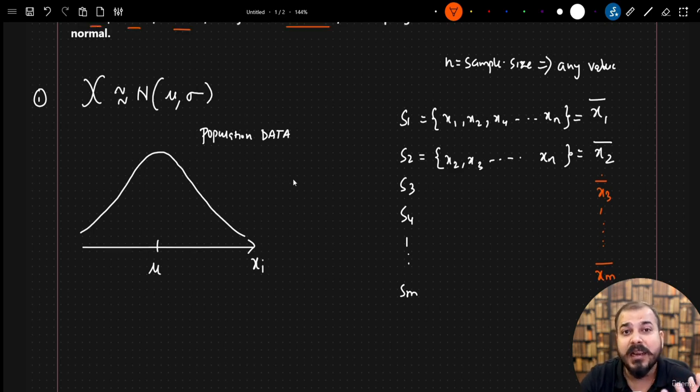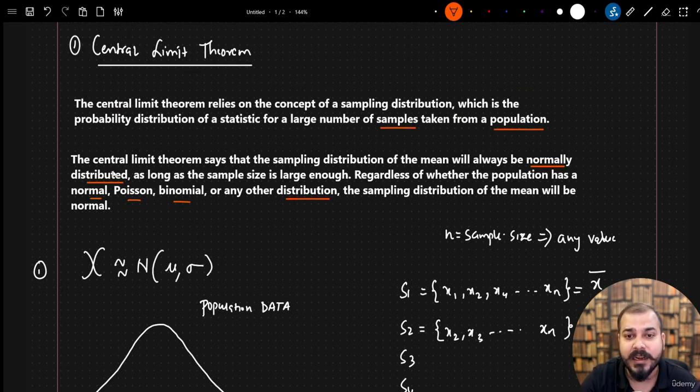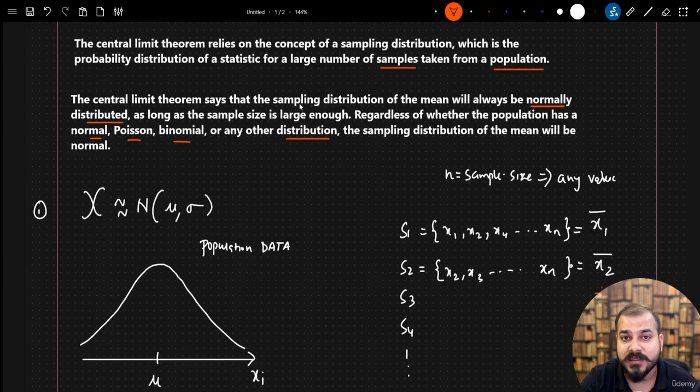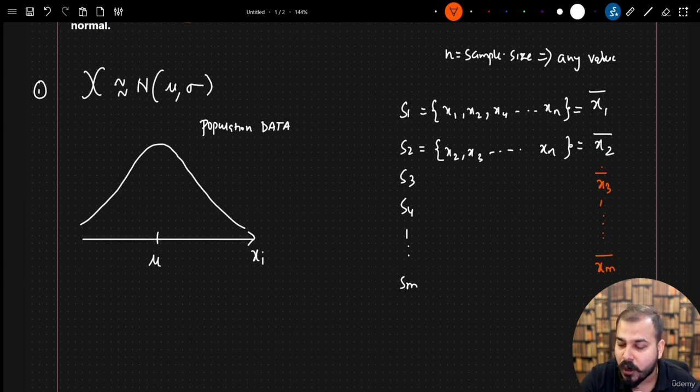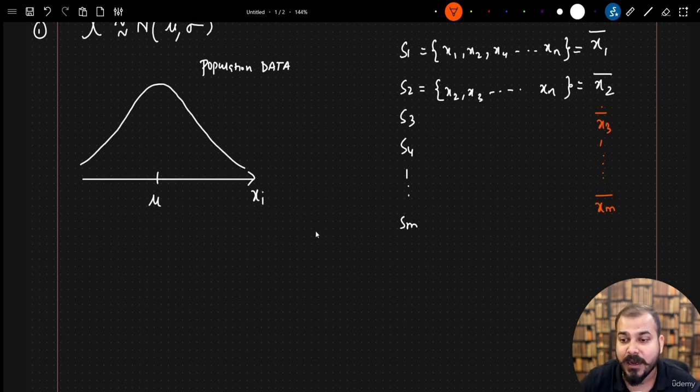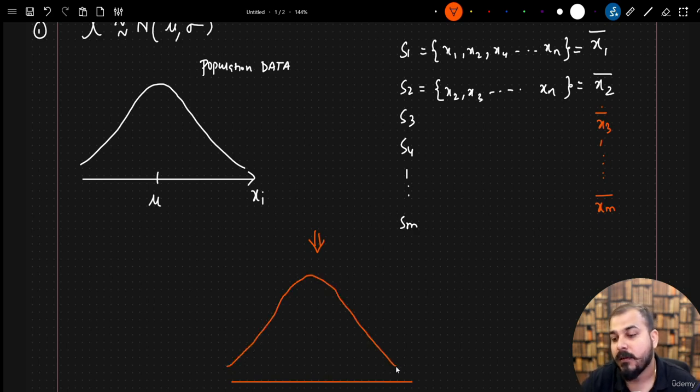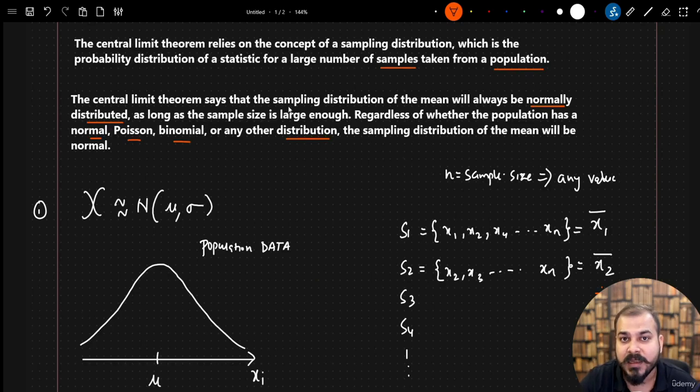Now, what does the central limit theorem say? Let's read this. The central limit theorem says that the sampling distribution of the mean will always be normally distributed.